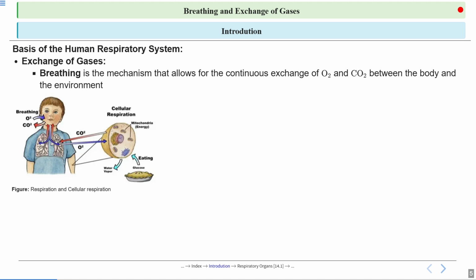Clear? So oxygen which is inhaled is used for carrying out metabolic activities such as respiration. By respiration, carbon dioxide is produced and energy is also produced in the form of ATP. You can see here, the cell consists of mitochondria. In mitochondria, respiration occurs. Mitochondria is also known as the powerhouse of the cell. It generates energy in the form of ATP.